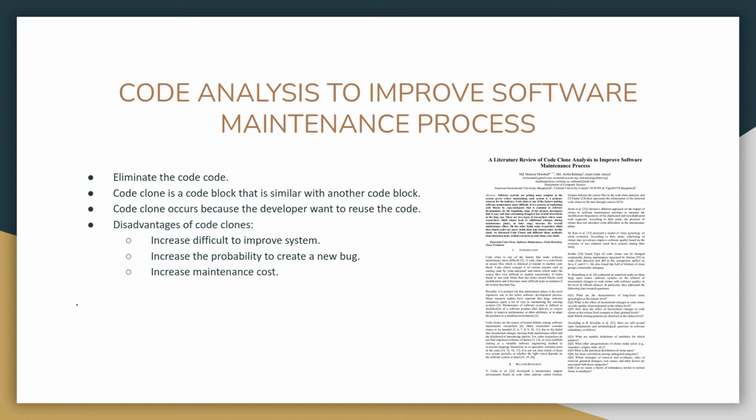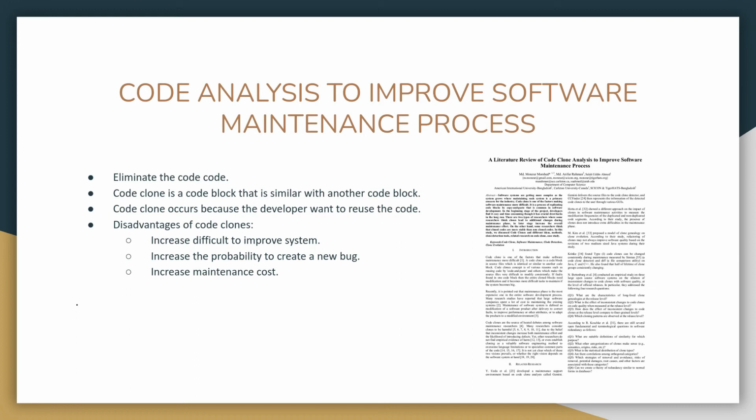In this context, a code clone is a code block that is similar to another code block. Code clones occur when the developer or programmer copies and pastes code to reuse it. This makes the copied code dependent on other code, meaning that if one code block needs to be modified, then the other copied block also needs to be modified.